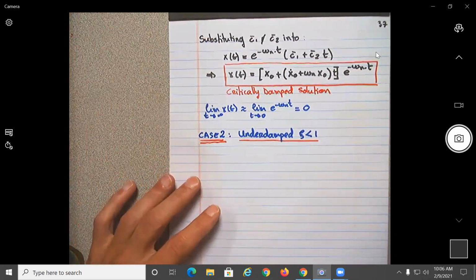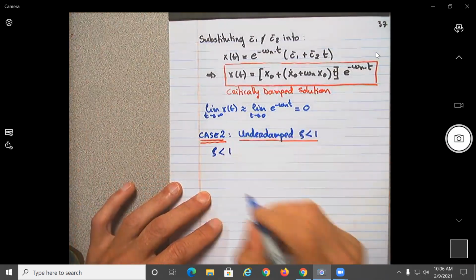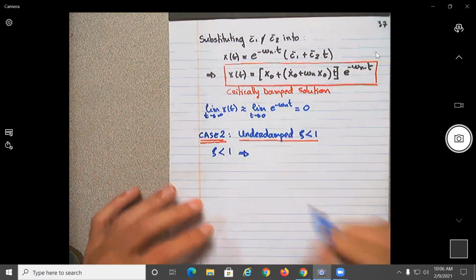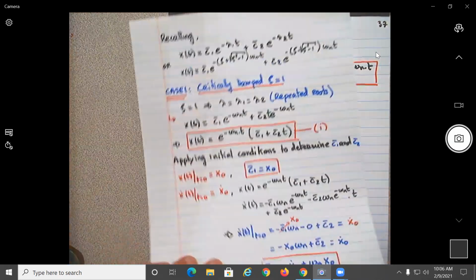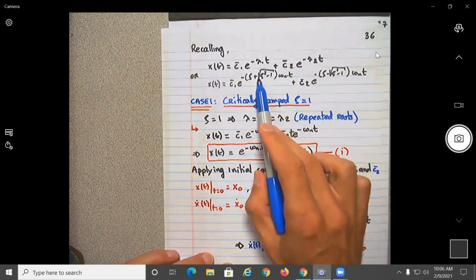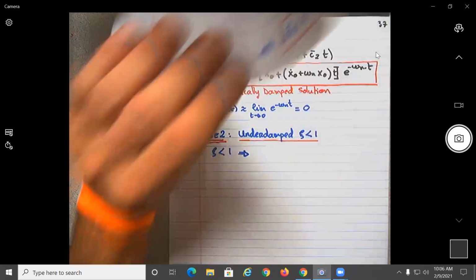All right, so in that case, if this is lower than 1, what does that mean for our solution over here? The square root is going to become a complex number, no? Because it's going to be negative.